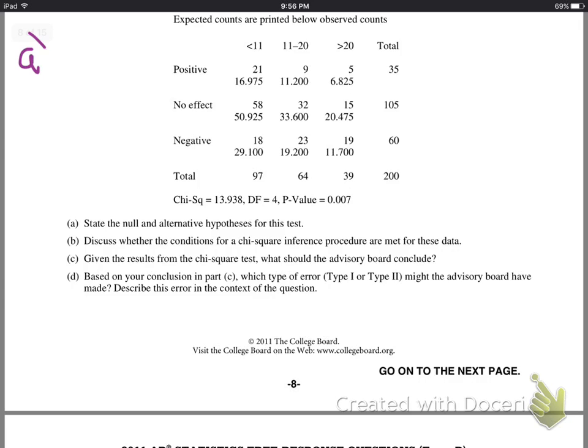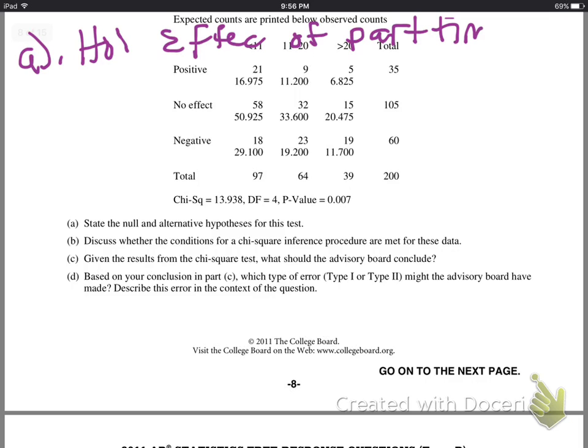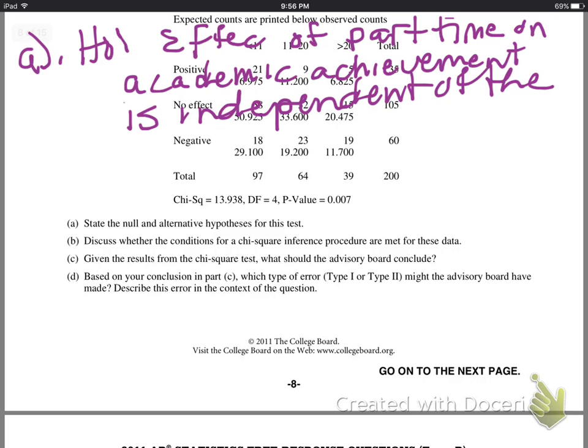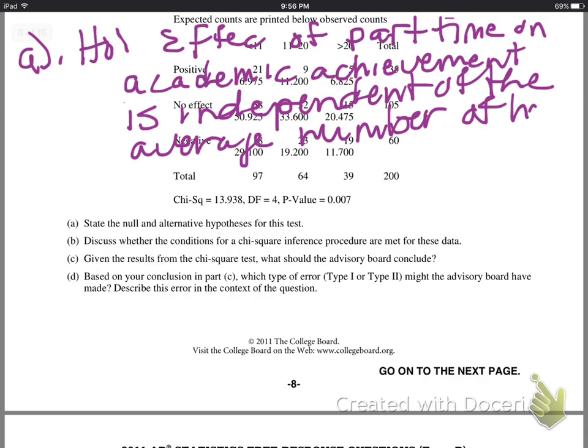Okay, so let me do A up here. So H0. Now I'm going to use that wording that they use, and I'll say the effect of part-time work on academic achievement and the average number of hours worked is independent of the average number of hours worked.